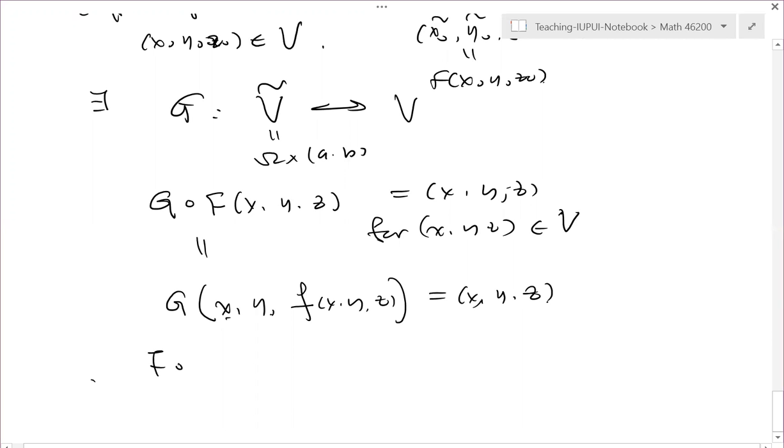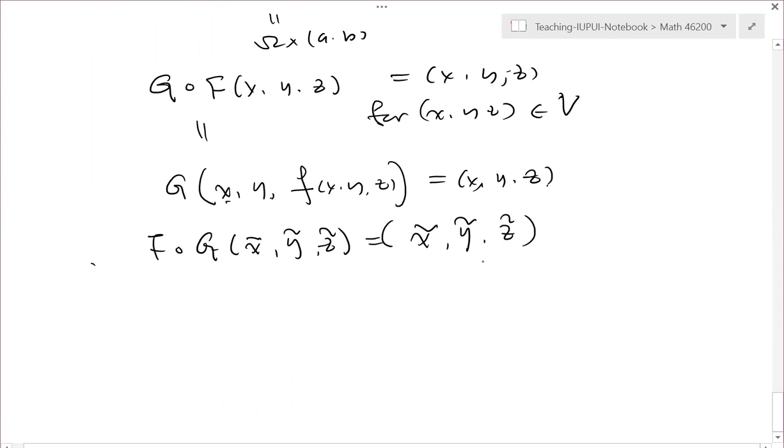F circle G applied to x2, y2, z2 is supposed to be x2, y2, z2, true for x2, y2, z2 in this domain.